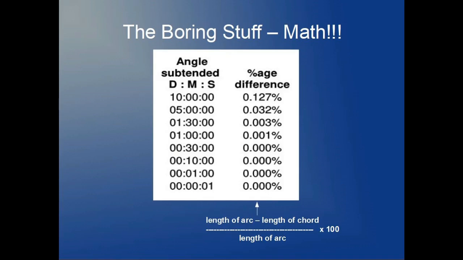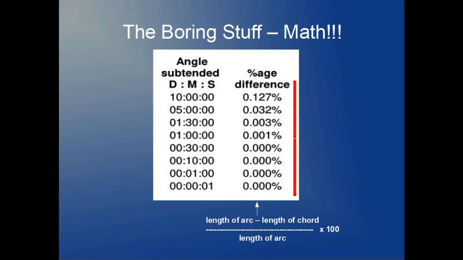Consider this table of two columns. On the left, I've listed various angles of arc, starting with the biggest at the top and ending with the smallest at the bottom. So we move down from 10 degrees of sky through 5 degrees, 1 degree, a half a degree being 30 arc minutes, 1 arc minute, and ending up with 1 arc second. The second column lists the extent of the difference between the two methods of calculation for each of those angles.